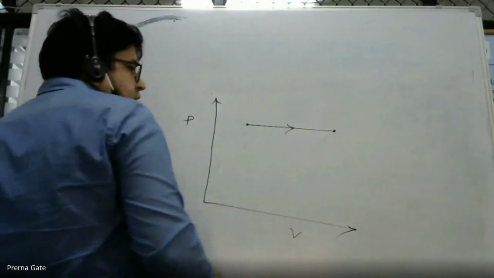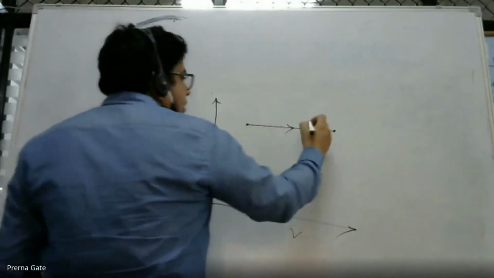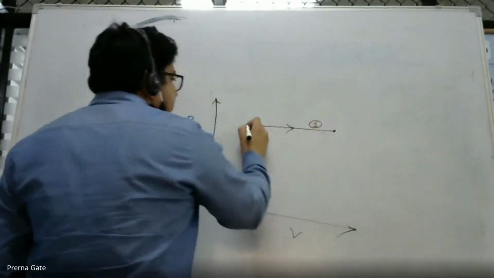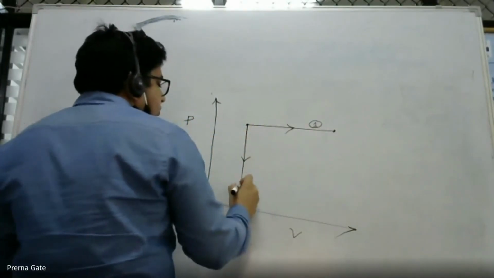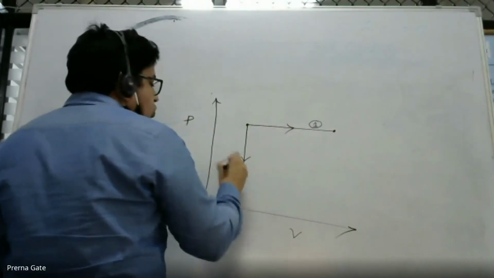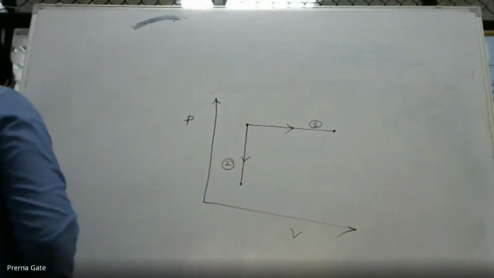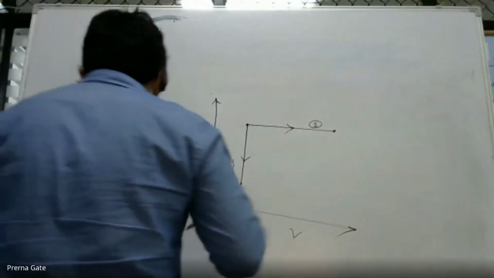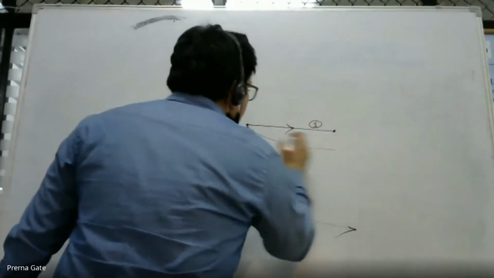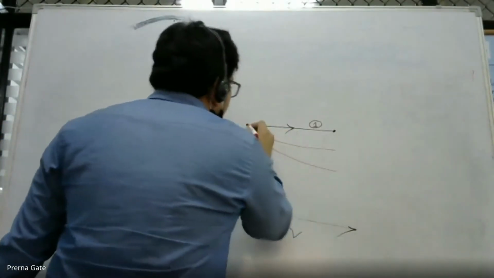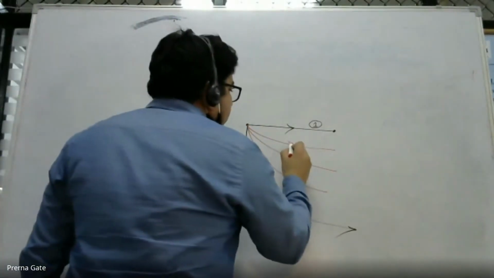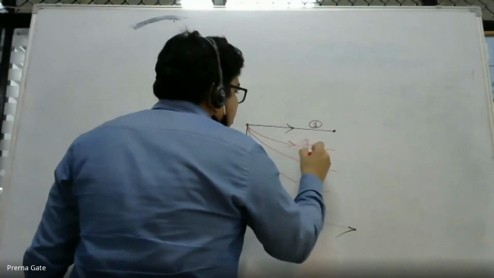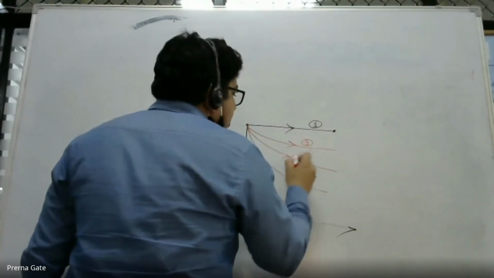So what is this process? If I write it as 1, if I write it as 2, if this is third, this is fourth, and this is fifth.